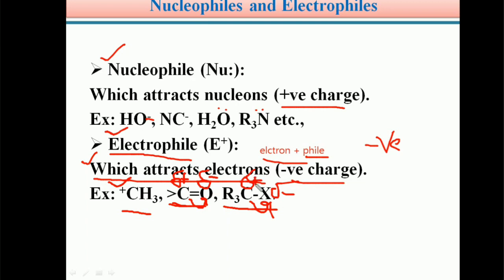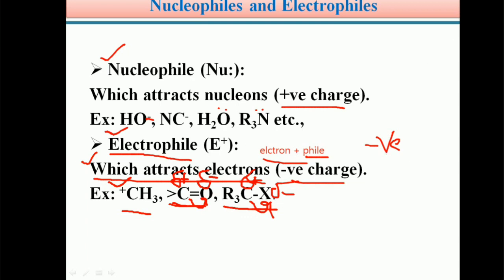Because of this electron deficient nature, it attacks the reactive site, that is, the electron excessive, negatively charged portion of the substrate molecule.